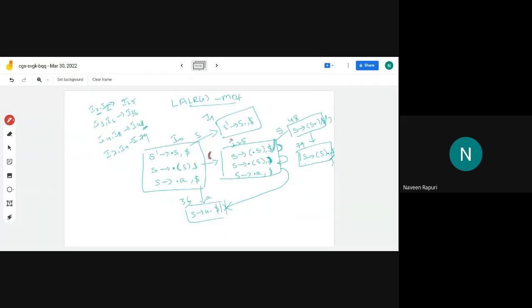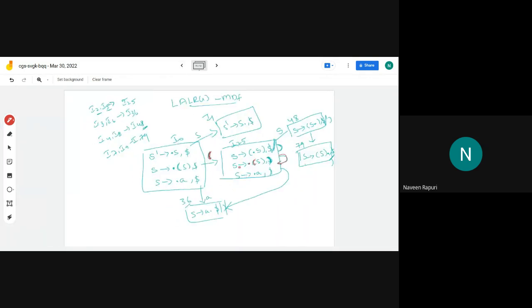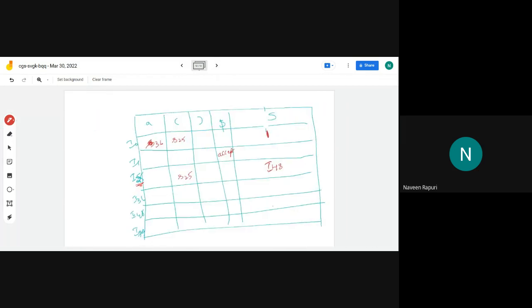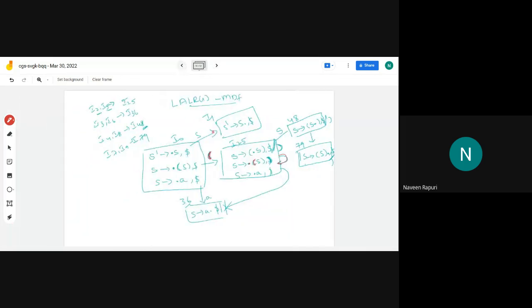And I25 on open parenthesis, we are at same I25. And I25 on small a, we are moving to 36, yes, 36.